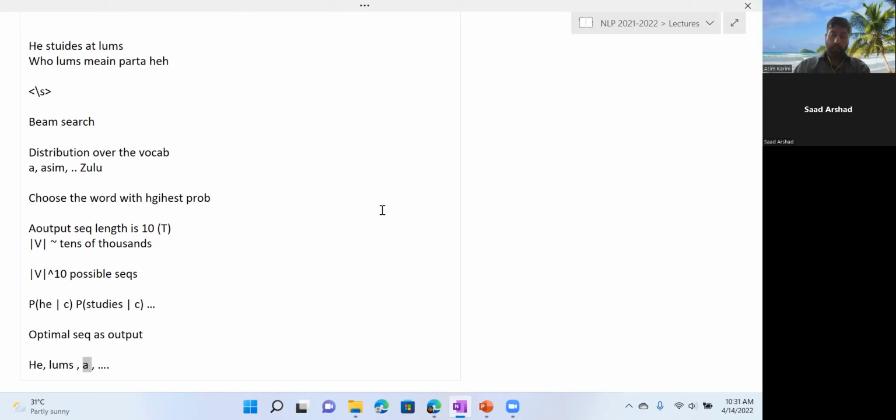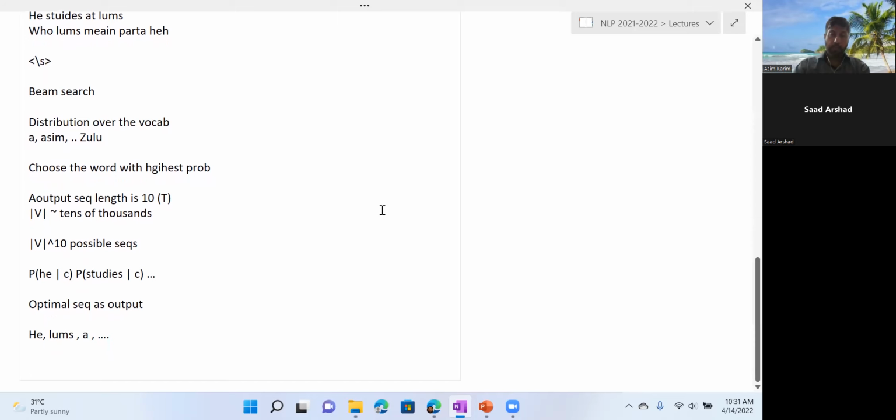ठीक है? So to find a middle ground between this greedy search and the optimal search, which is very hard or computationally infeasible, we have to do a complete search. So people have proposed what is known as a beam search. Okay.